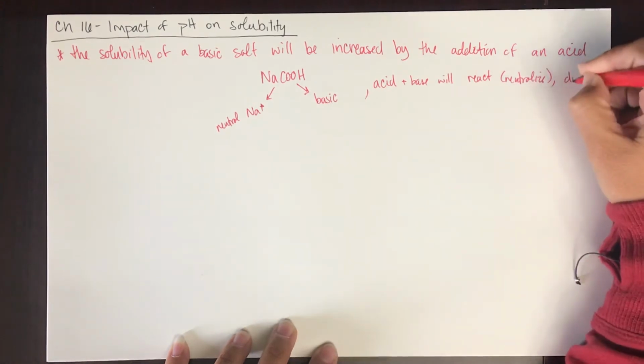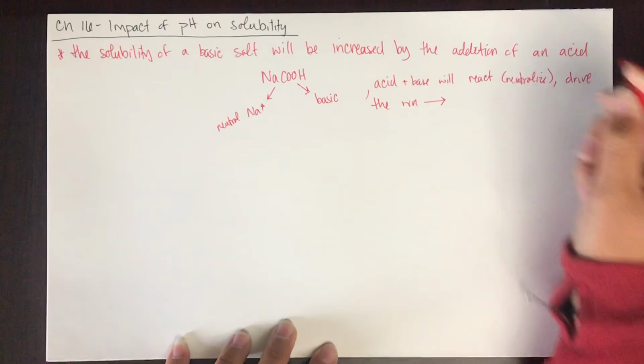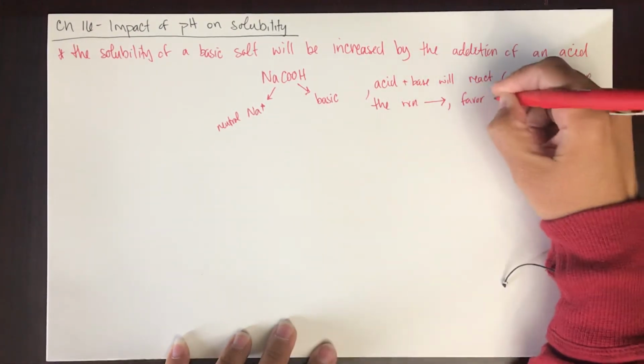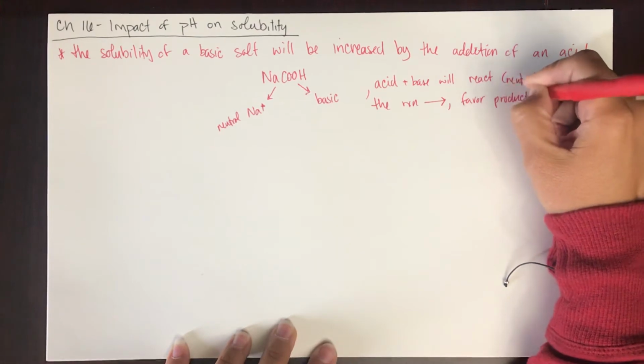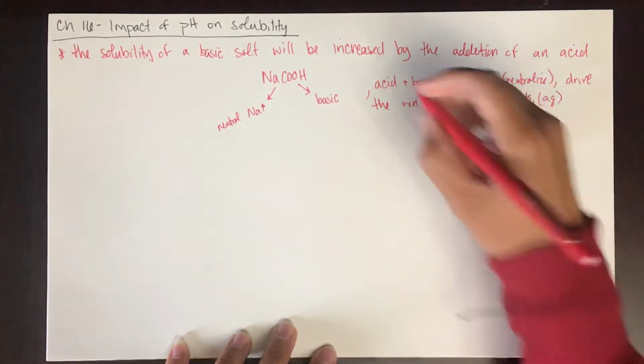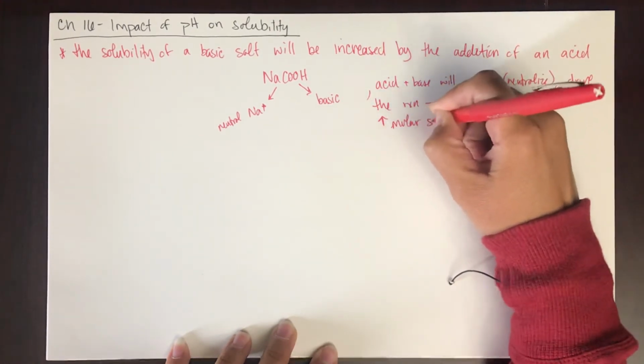That will drive the reaction to the right, which will favor the products. Remember what the products are. The products are aqueous, so that is going to increase molar solubility.